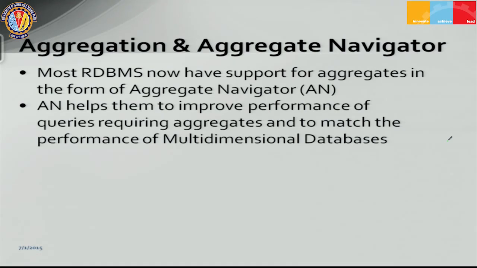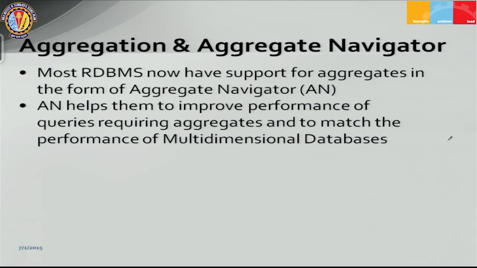If you remember multi-dimensional databases, which are covered in module number 6, they are highly suitable for building aggregates, right? So relational databases have to do something to catch up with the performance of multidimensional databases, especially when it comes to aggregates.